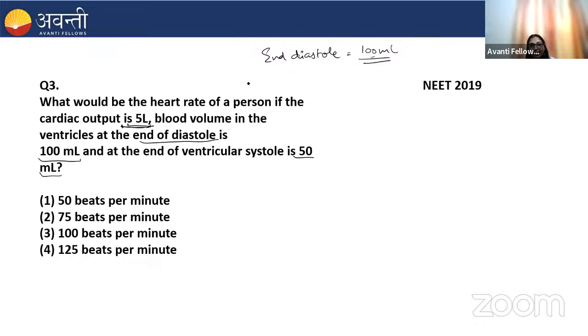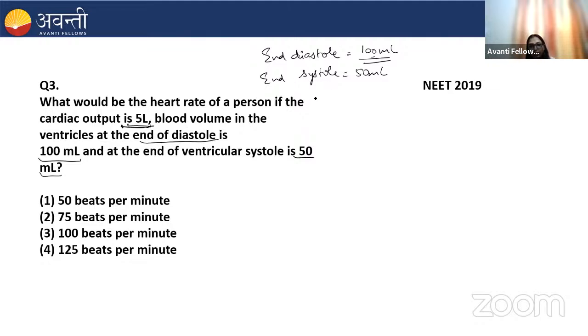Now end of systole is given as 50 ml. End of systole means the amount of blood present in the ventricle at the end of ventricular systole. For example, like a bottle: if I squeeze that bottle, some water will come out and some water will remain in the bottle.